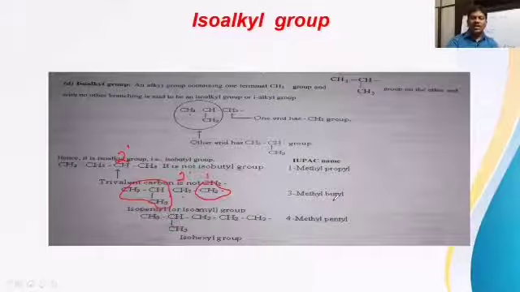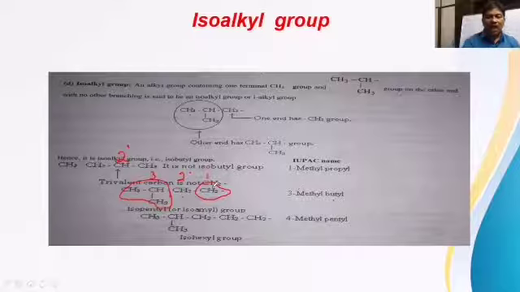4 carbons in the longest chain indicates what? Butyl. And on which carbon is the methyl group attached? On the third carbon atom, there is a methyl branch. So it should be called what? 3-methyl butyl. That is the IUPAC name. But commonly we can say isopentyl.